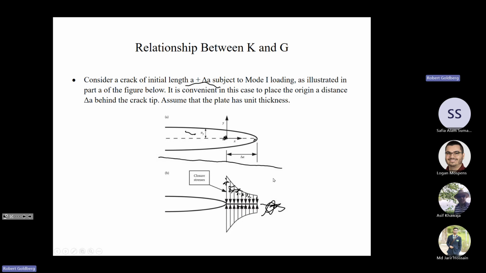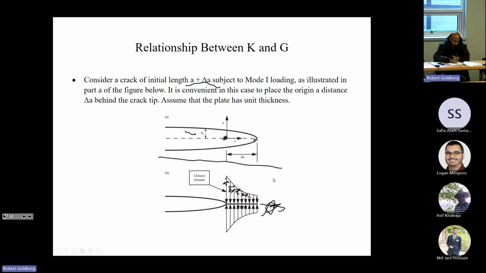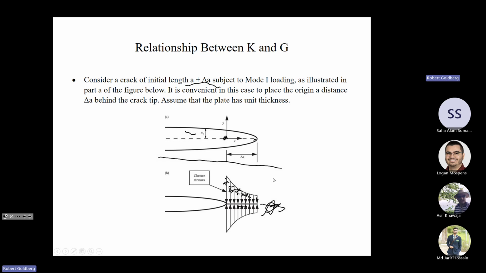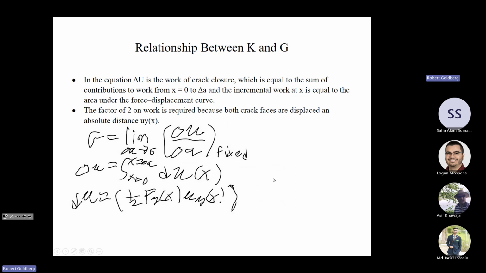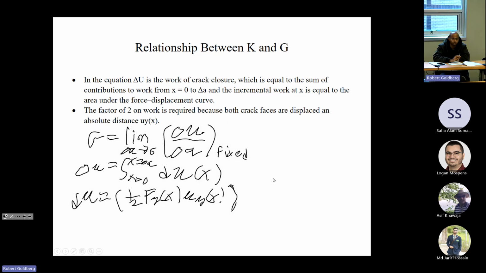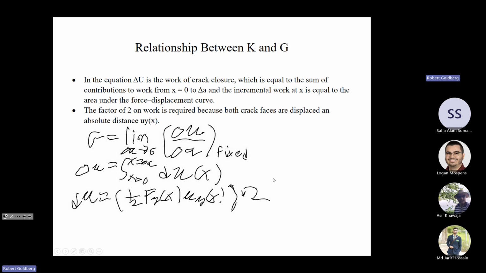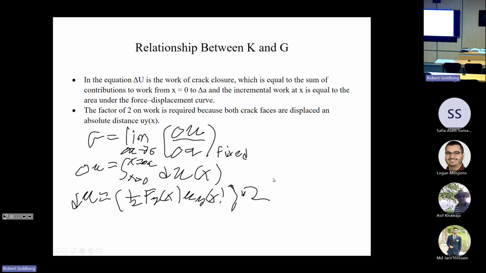So it's the force times the distance divided by 2 because it's a triangle, and we're summing up all these things. And the other thing, because we have two crack faces, a top crack face and a bottom crack face, we have to multiply it by 2. So the 2 will cancel out with the 1/2.